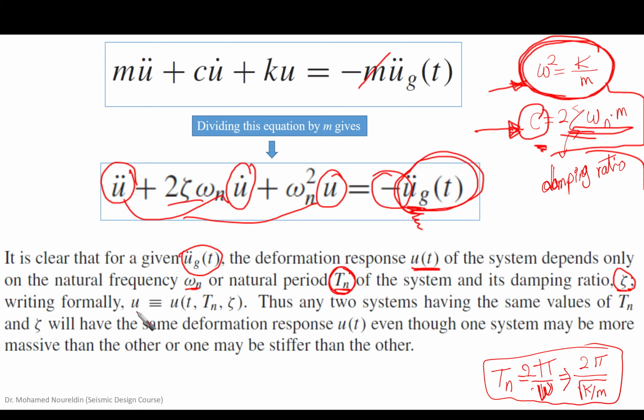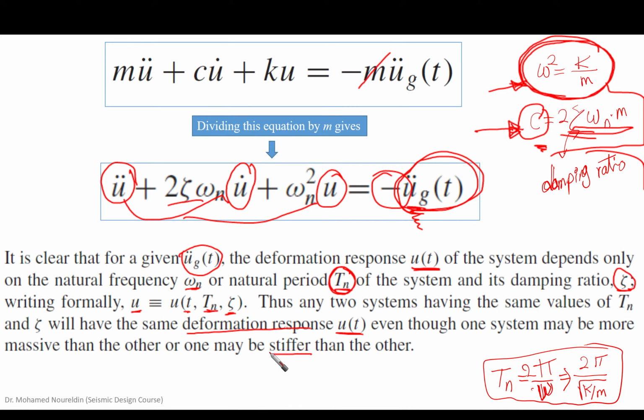So writing it formally, we can say that u is a function of small t, which is the time variation of the ground excitation acceleration on the right hand side, and Tn, the natural period of the system, and the damping ratio of the system. Thus any two systems having the same values of Tn and zeta will have the same deformation response u of t, even though one system may be more massive or stiffer than the other.